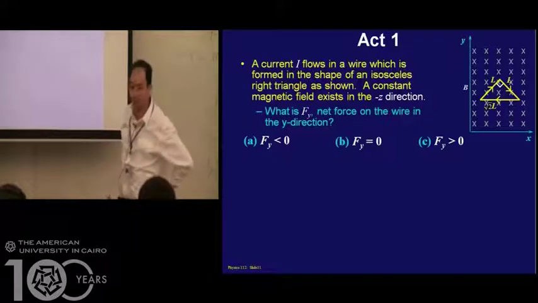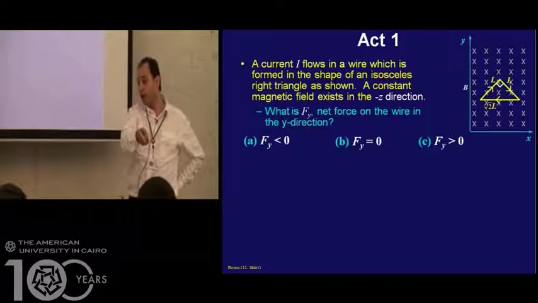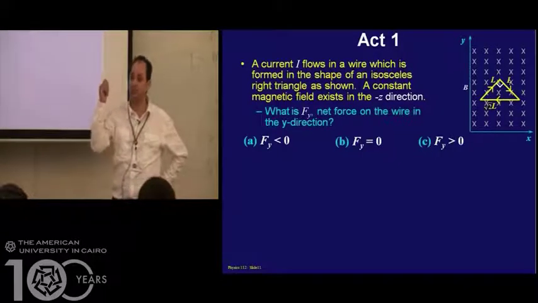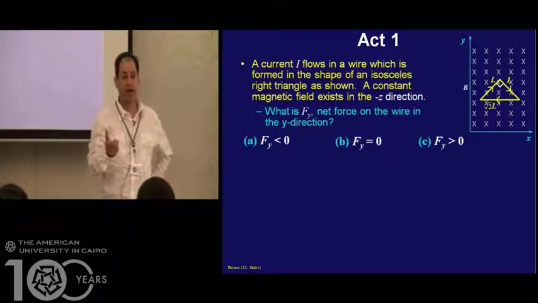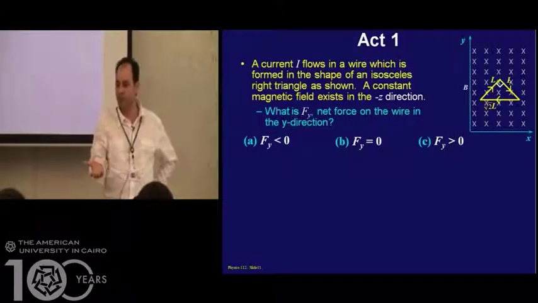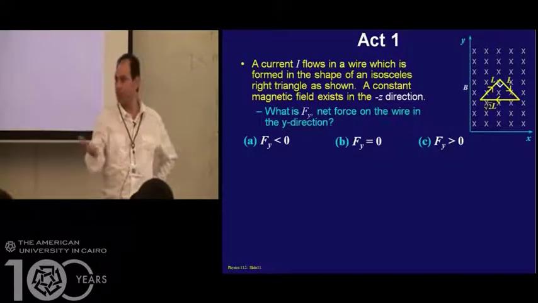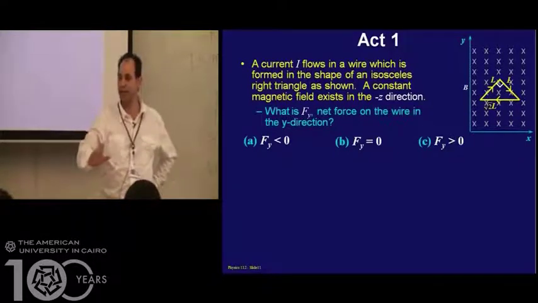That's one way to look at it, like what Bishoy did: break the loop into 3 segments, find the forces on each segment, then resolve each force, find the x component and the y component, and you will get the answer. Definitely if you do that carefully, you will get the right answer, which is 0.